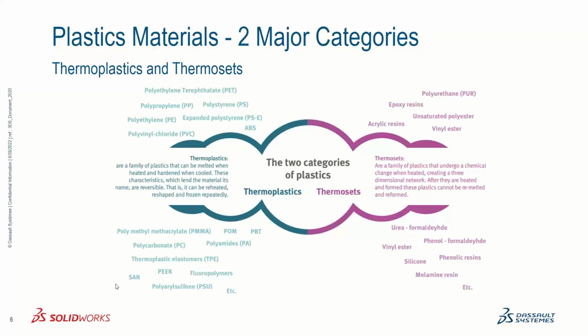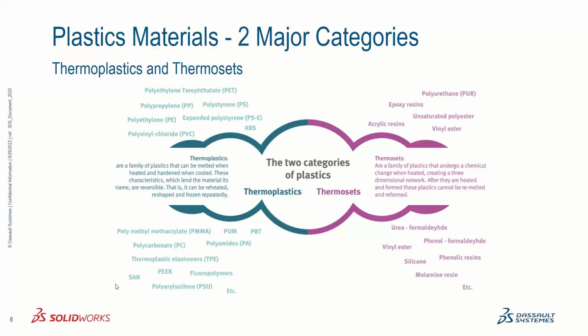An analogy that I tend to use is to think of thermoplastics as butter. As you know, butter can be melted and cooled multiple times to form various shapes. So that's thermoplastics for you. Whereas, think of thermoset as, say, for example, bread.